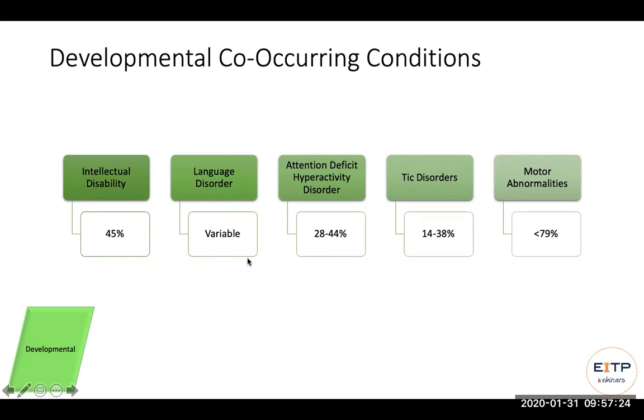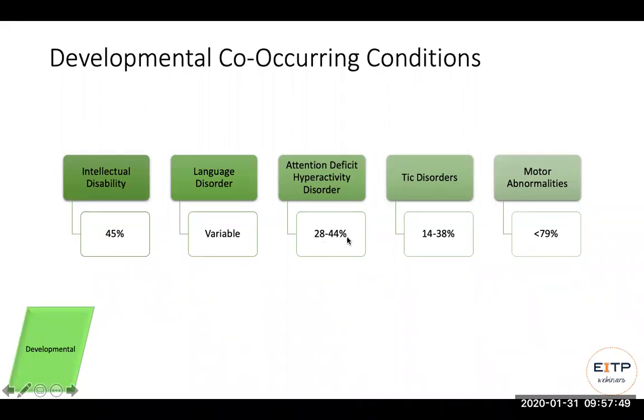Language disorders is very variable. I would say the majority of kids with autism have late talking at some point, but some kids don't. The key language disorder in people with autism is language pragmatics, regardless of their level of core language skills.